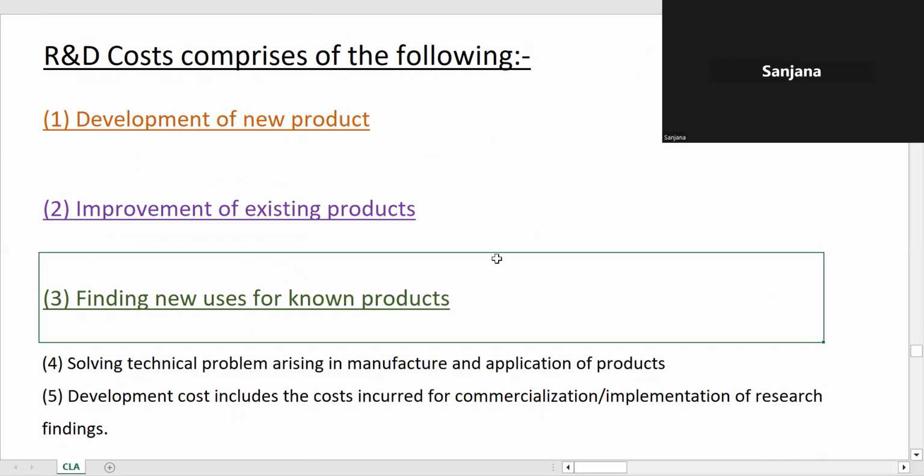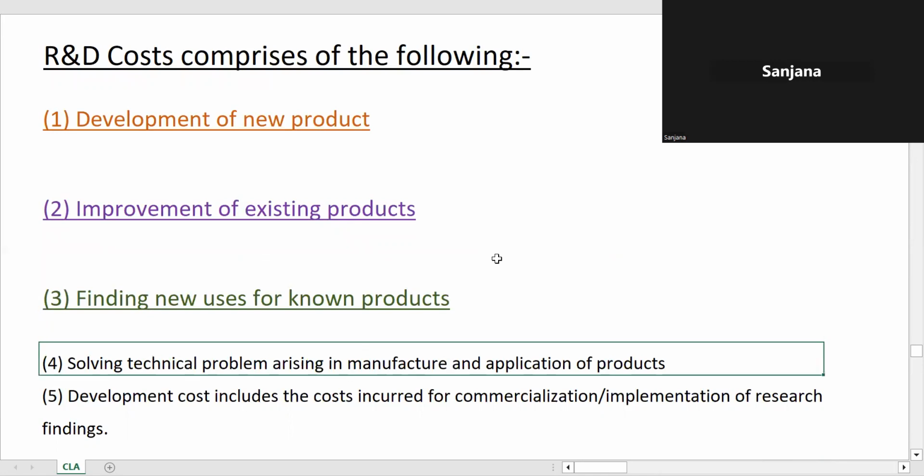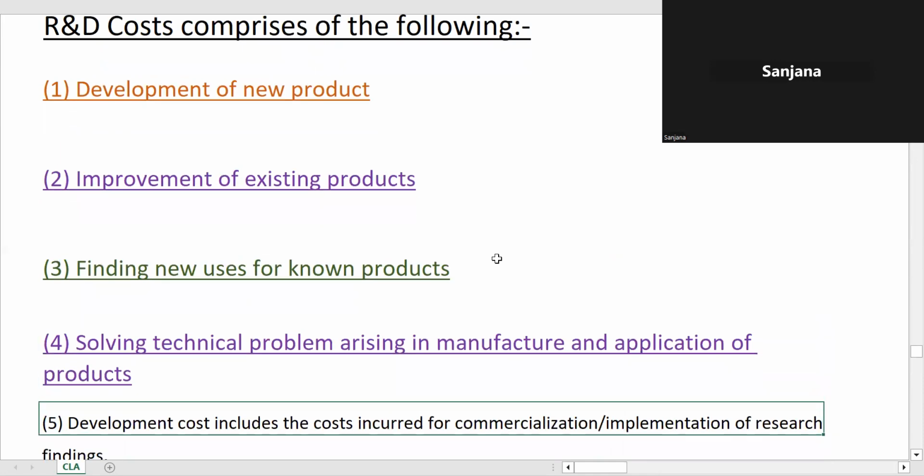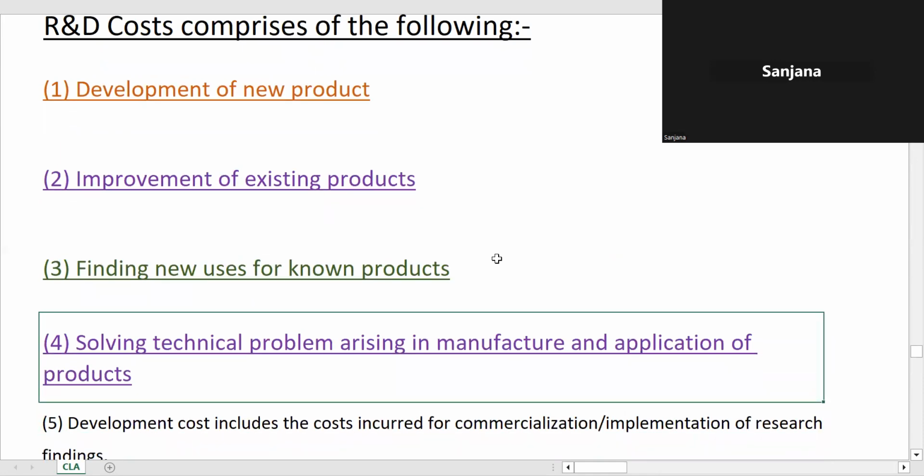So you have formed a research team to find, this is my product, where else can I sell this product? They have done the research for, say, 3-4 months or 6 months. That will be an R&D cost. Solving technical problems arising in manufacture and application of products. This will not be a regular problem.